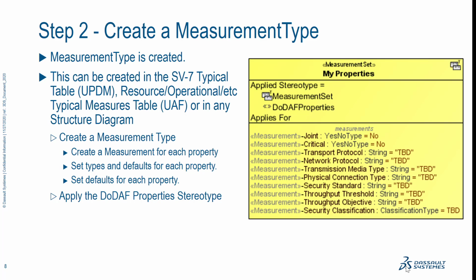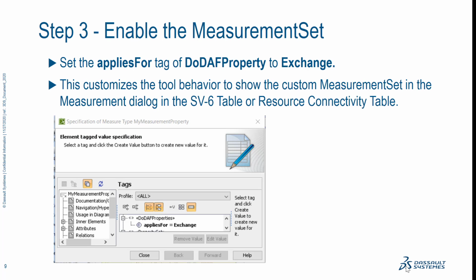Then I created the measurement set in SV-7 typical. And in the containment tree, I selected this item and pasted all those headers into it to create all my measurements. We did a little bit more work to set up what the types were and what the defaults are.